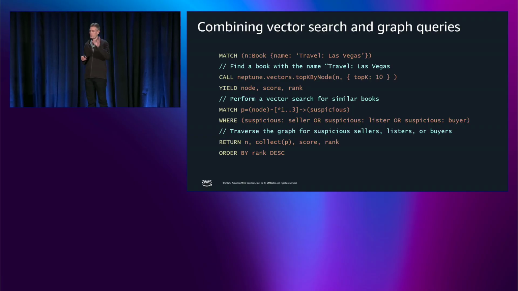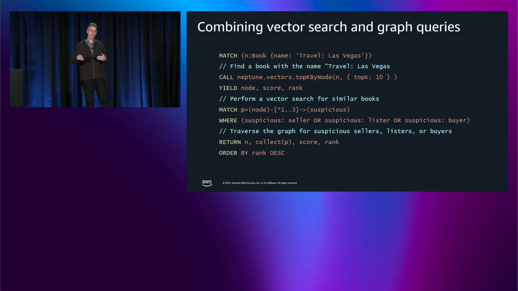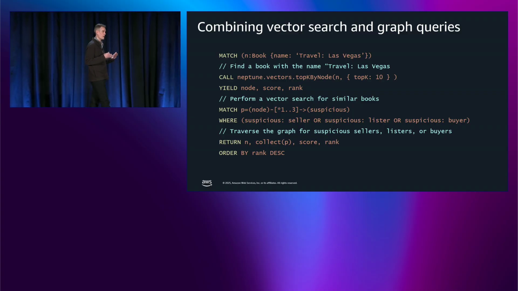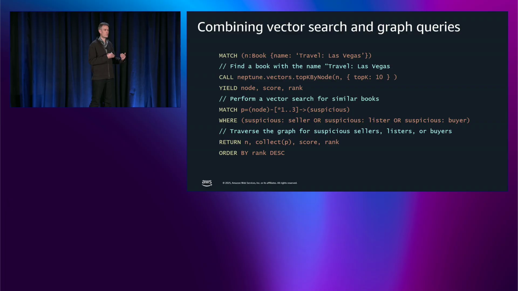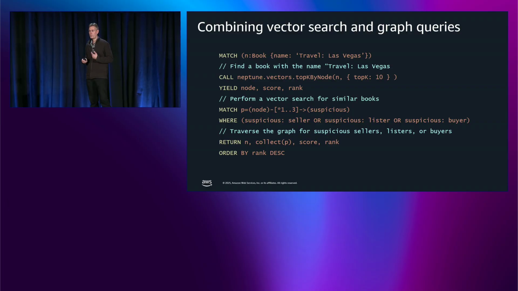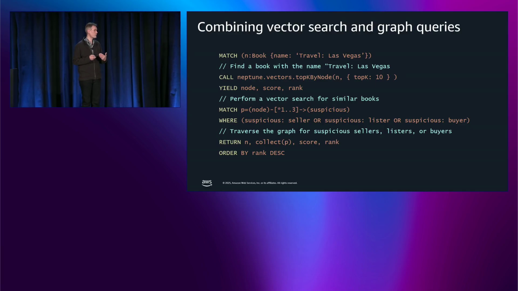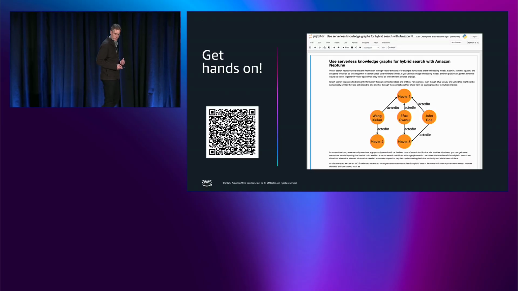And so they can start with something they're interested in, expand out from the vector search to find other things that are similar to it, and then combine that with the relationships about who is known to be selling, listing, or otherwise producing this kind of content. So a very interesting way to combine the vector search with the structured graph piece.